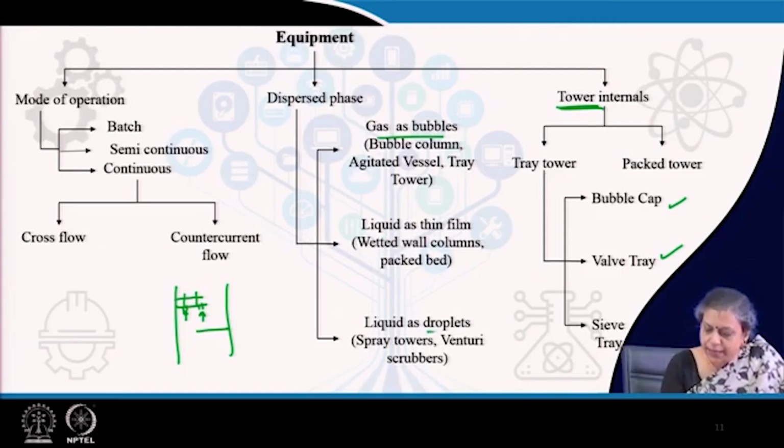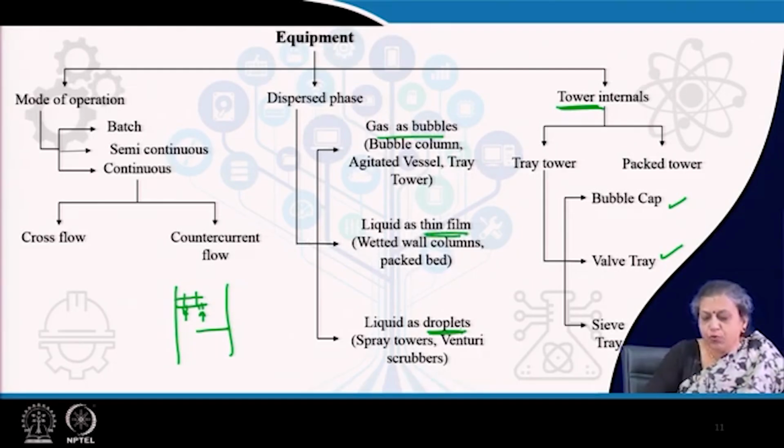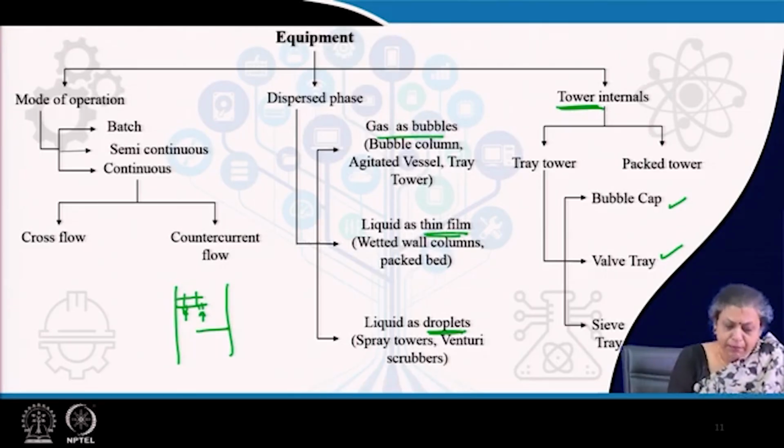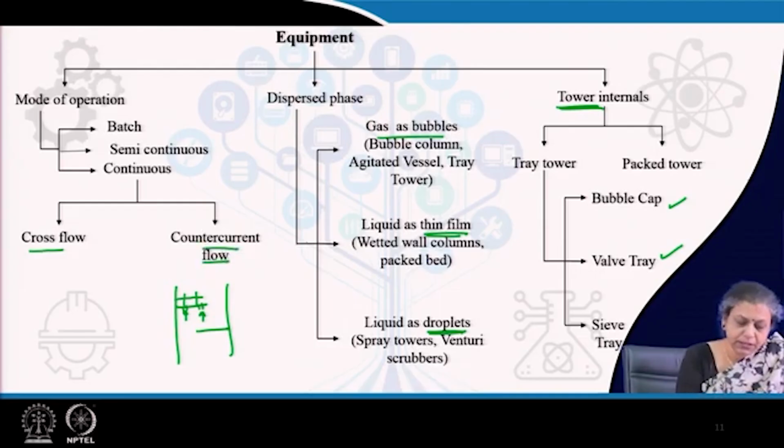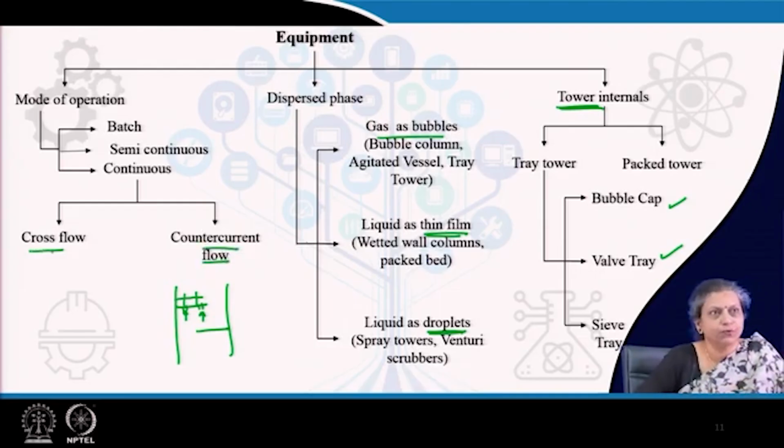The liquid phase can be dispersed either as droplets or broken down as thin films. And between the different cascades, the flow is mostly countercurrent, though it can also be cross flow.